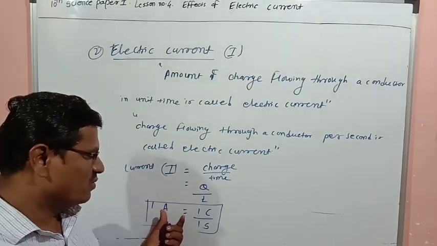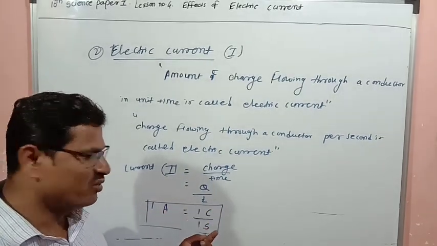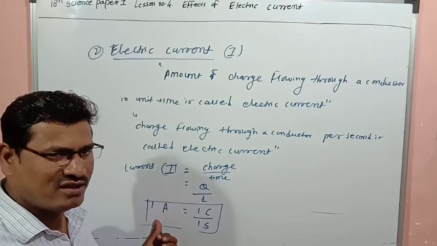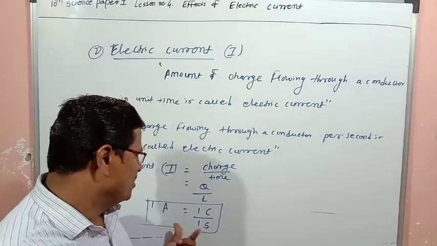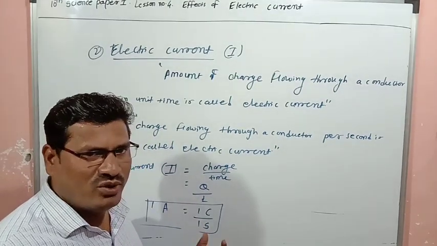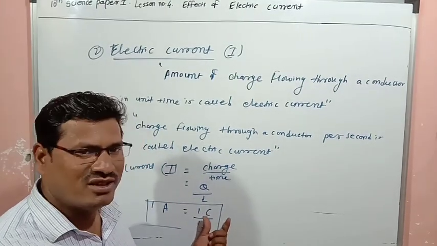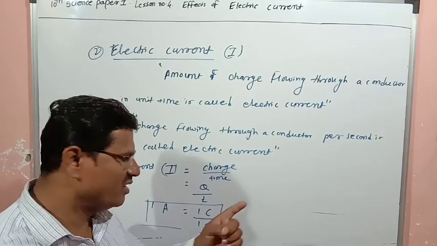If 1 coulomb charge flows in 1 second, then the current is 1 ampere. So you can also give the definition of 1 ampere. Current is said to be 1 ampere when 1 coulomb charge flows through the conductor in 1 second.